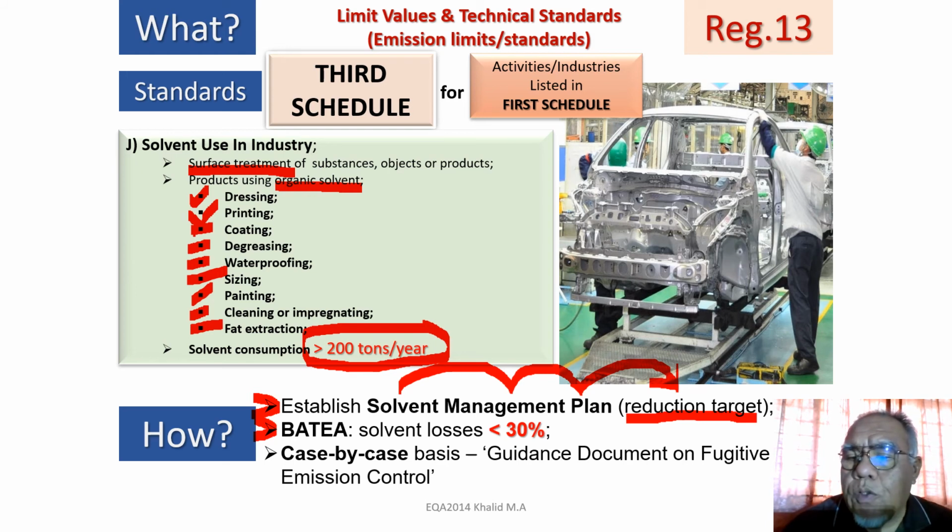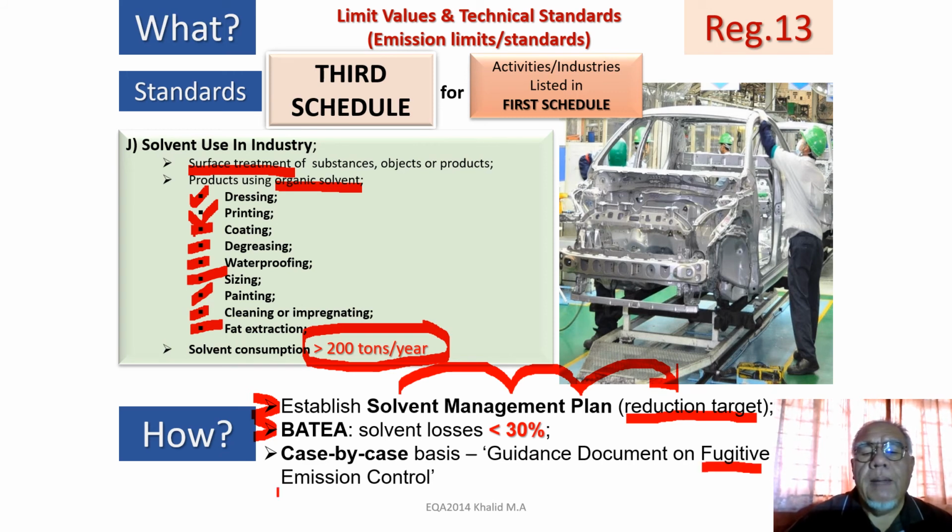Including if we have to buy a solvent recovery system, write it down. If that solvent recovery system justify that we are able to reduce losses less than 30%, be it. Got it?